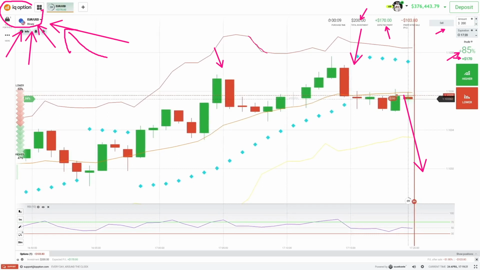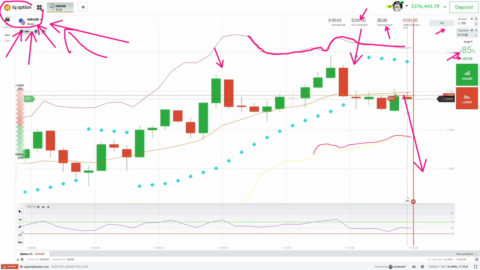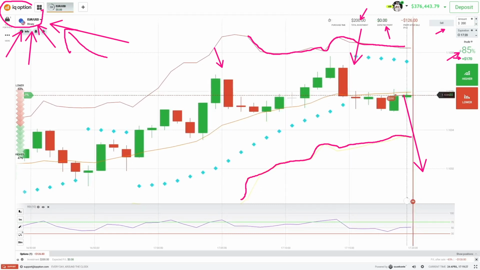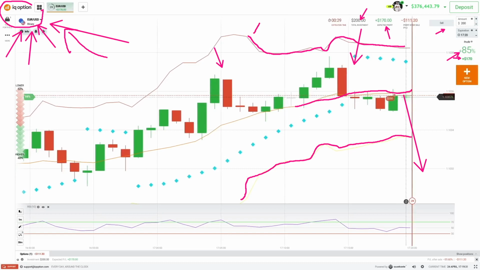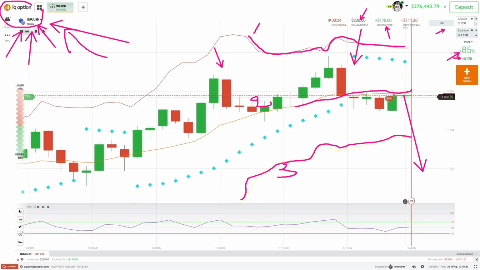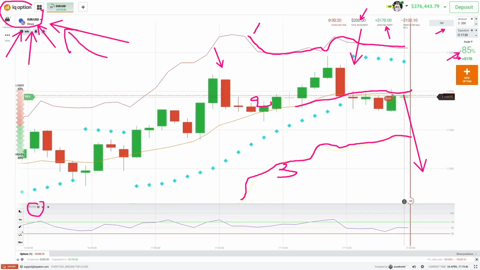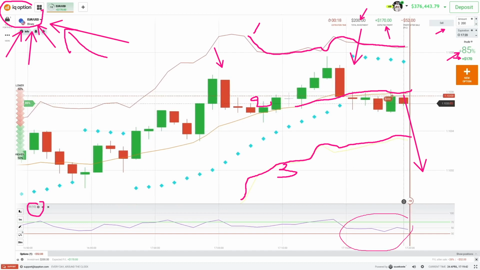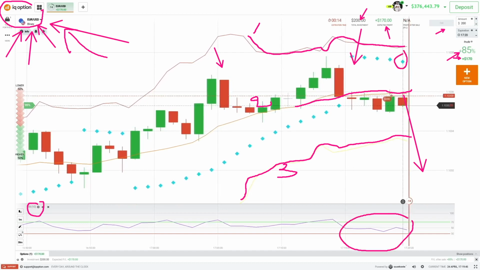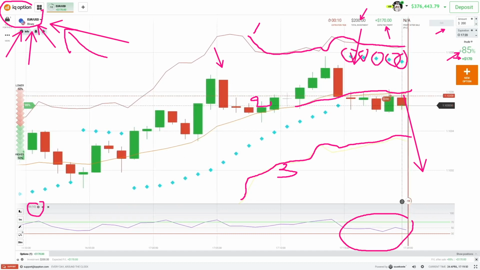Here, as you can see, I'm using the Bollinger bands. These three bands are called Bollinger bands. I'm using also RSI, the 10 period RSI here, and I'm using the dots from parabolic SAR.